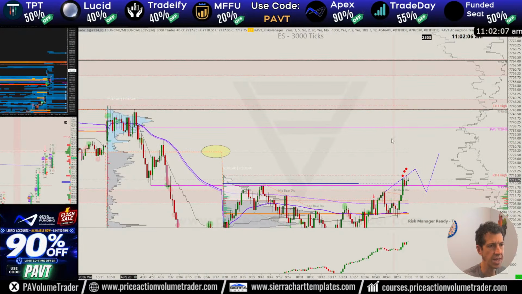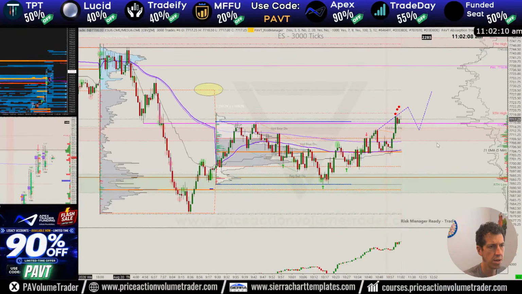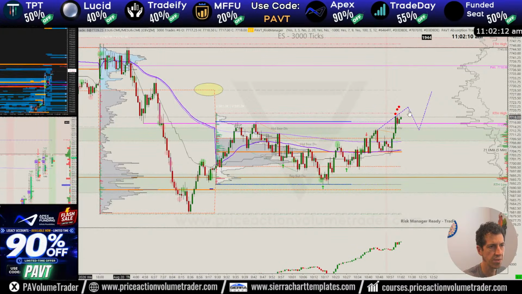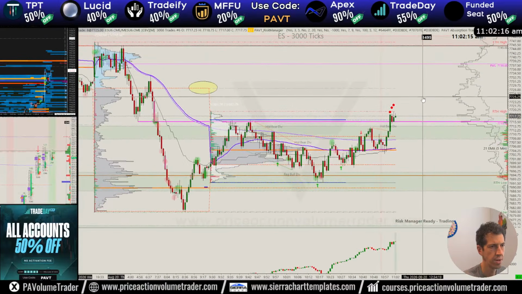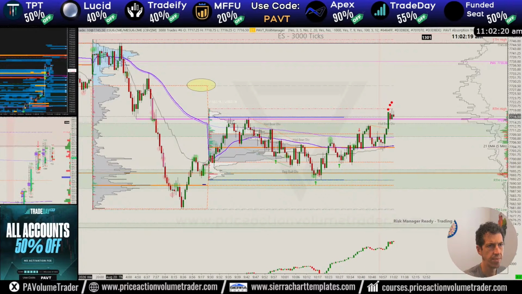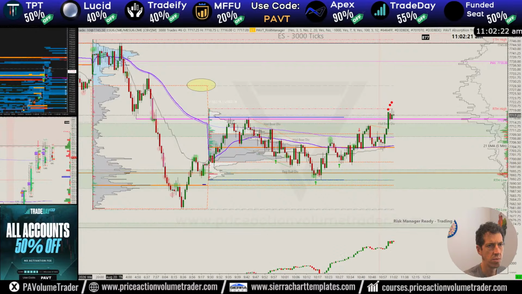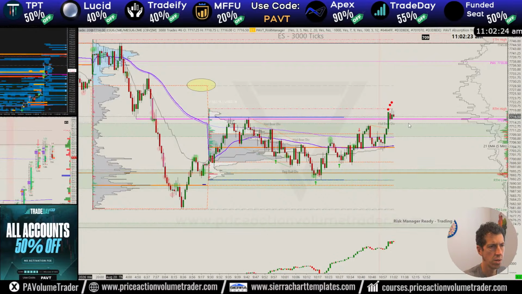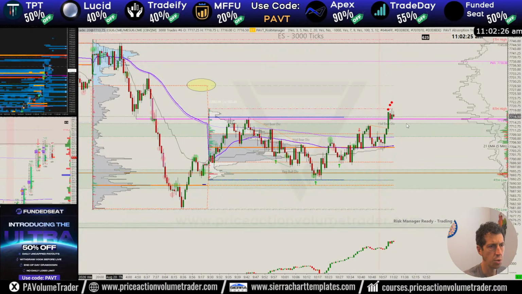Let's go back to ES. Right here on ES, we are right where I talked about before. So here, I will look to long a pullback right here.